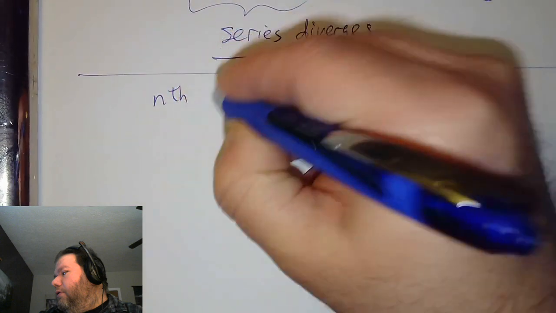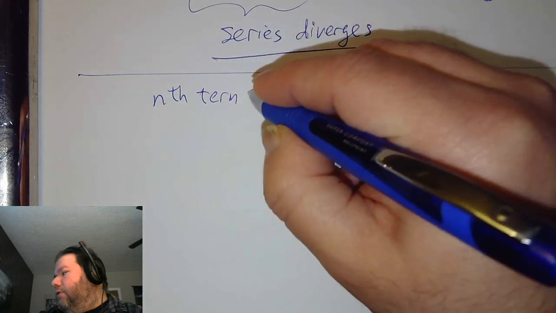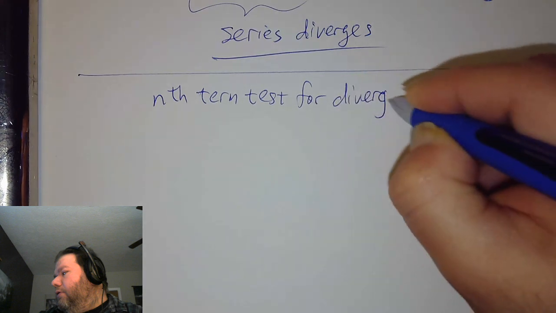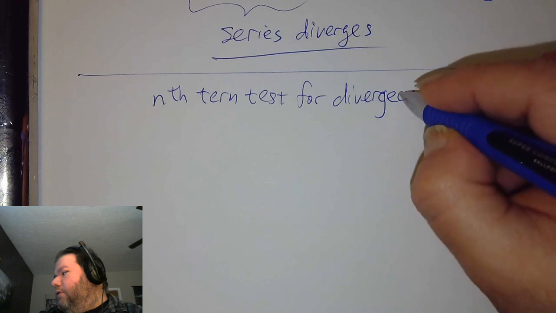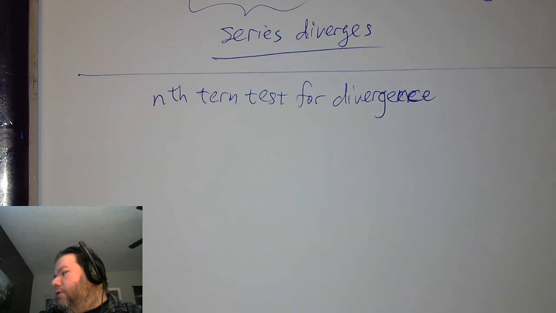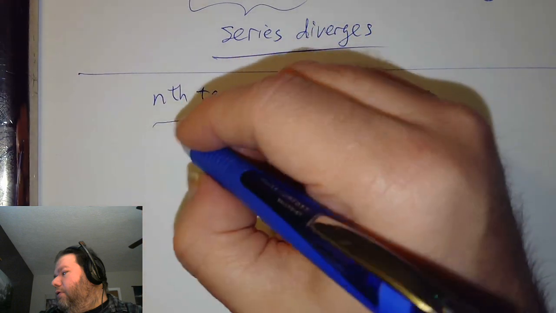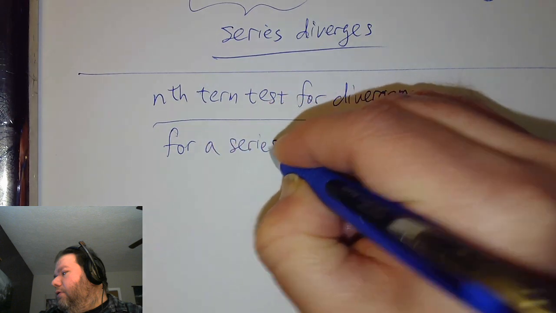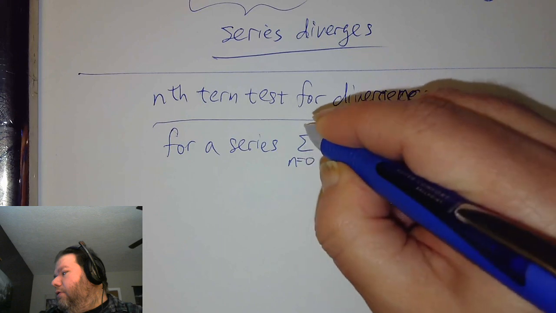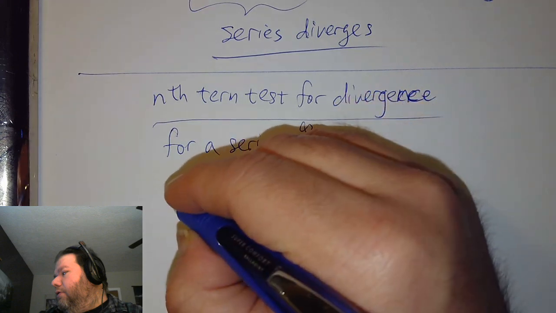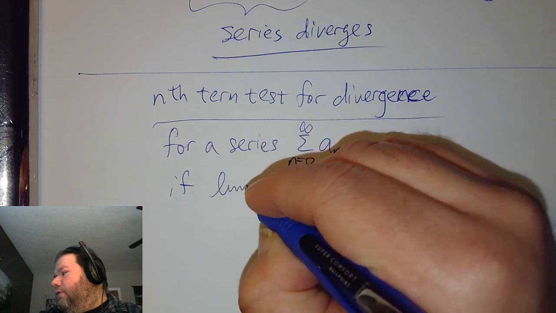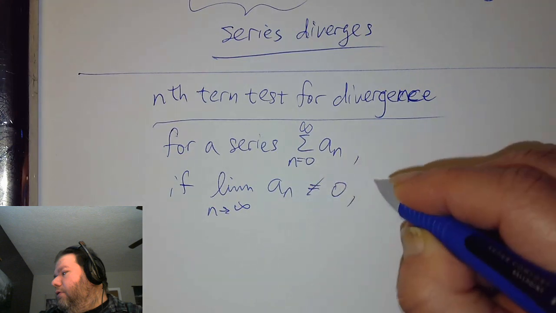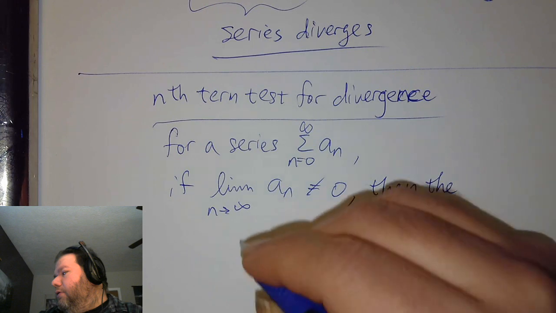Next we have the Nth Term Test for divergence. And this says for a series, sum n equals 0 to infinity of a sub n, if the limit as n approaches infinity of a sub n is not equal to 0, then the series diverges.